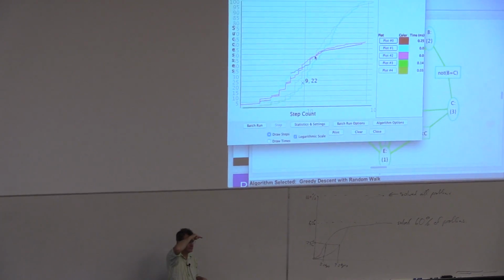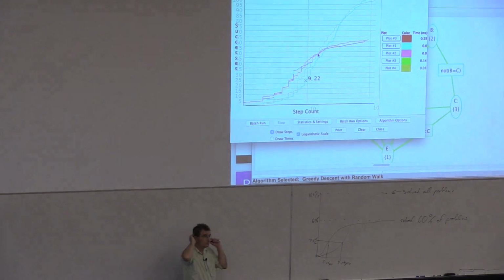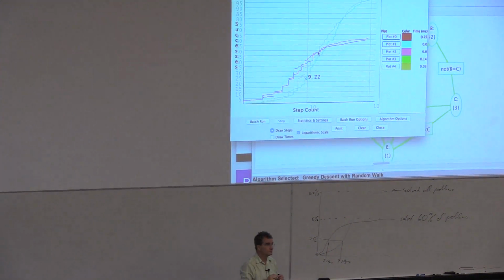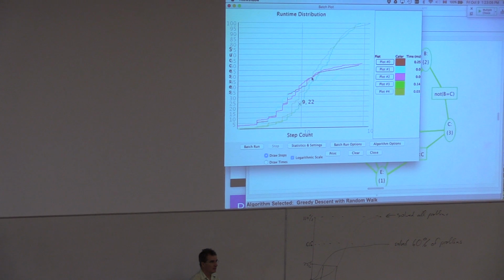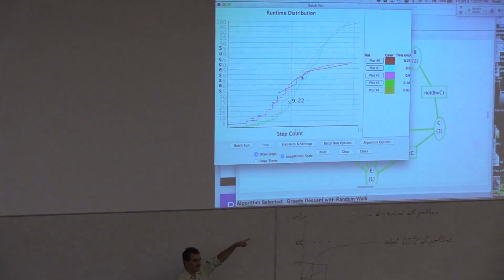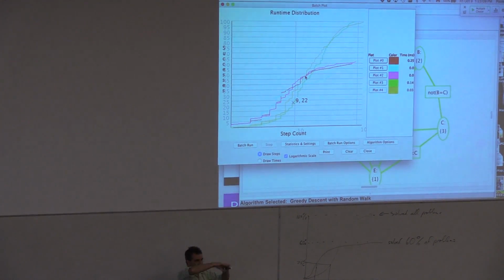Yes? Do the lines get far apart as you increase the problem complexity? Yes. As you increase the complexity of these problems, they tend to take much, much more time. The value there can be a lot bigger.